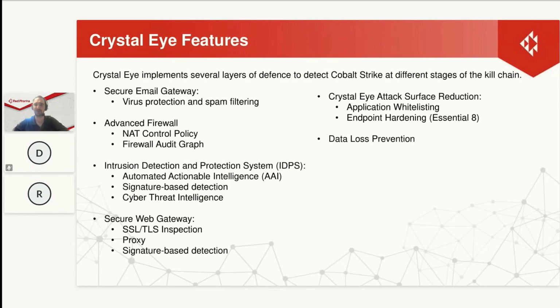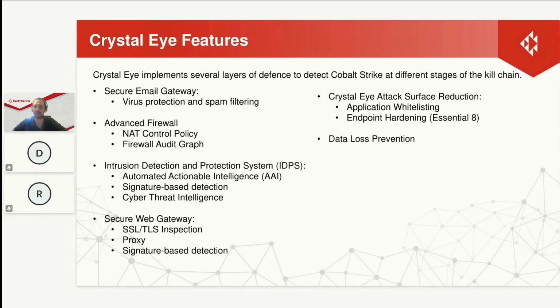Crystal Eye also has some endpoint applications that you can deploy on your host to help harden the systems. You already mentioned application whitelisting. You can set up a whitelist of approved applications that are able to talk to the external network, and it's highly recommended turning that on.